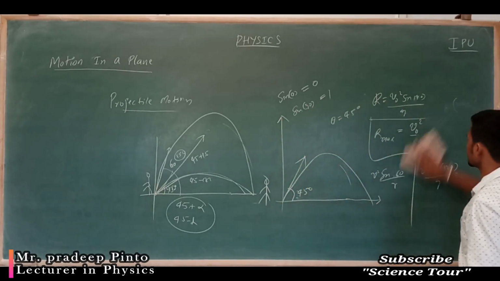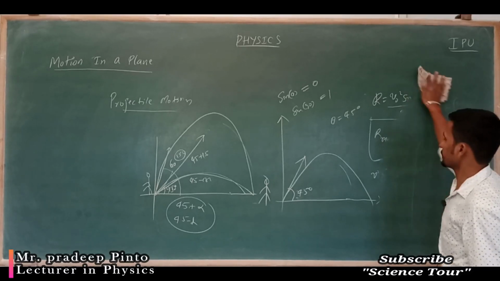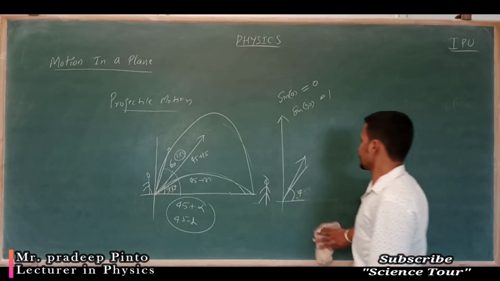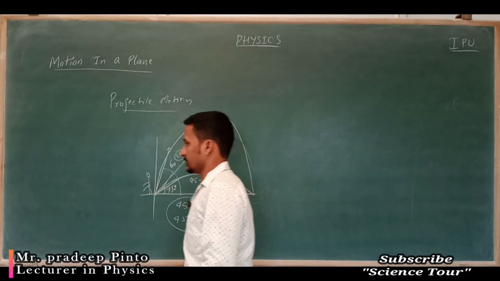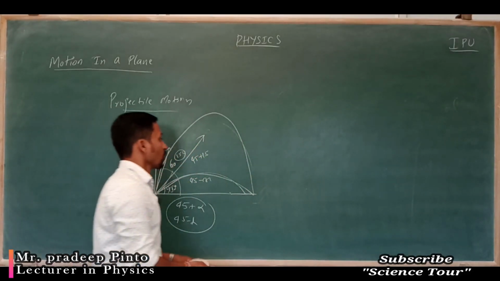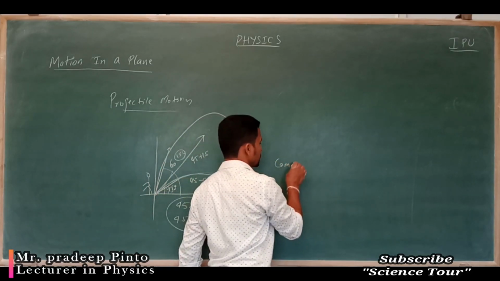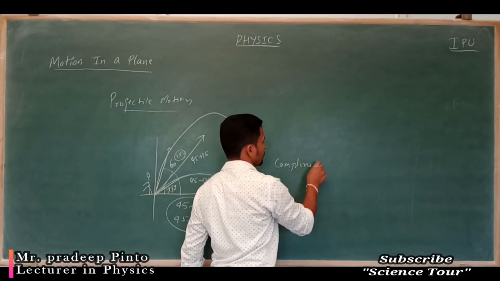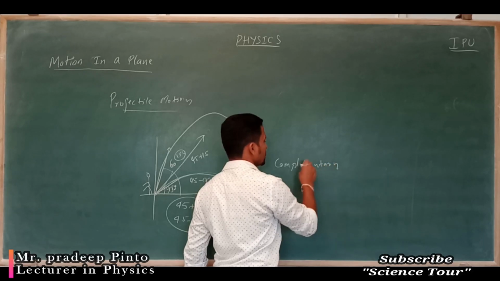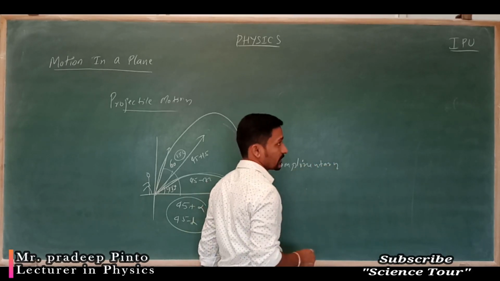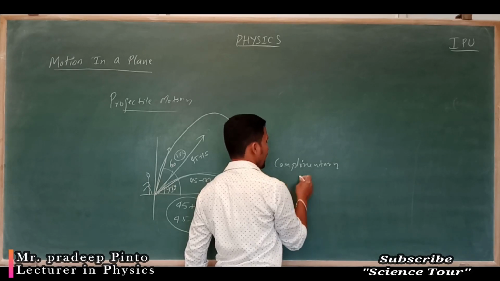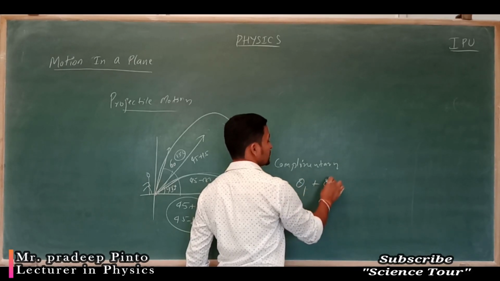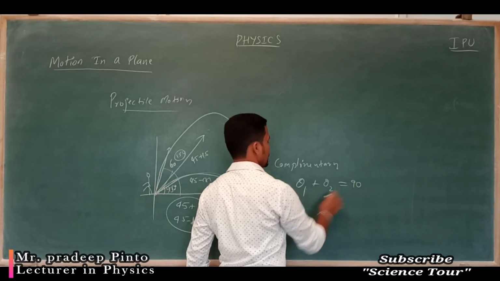So this is the condition. If you throw this way, we also call them complementary angles. The range will be the same for complementary angles. What is a complementary angle? It means the sum of the angles theta 1 and theta 2 is 90 degrees.